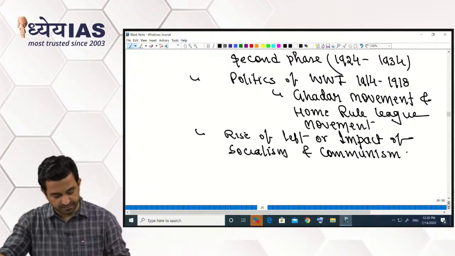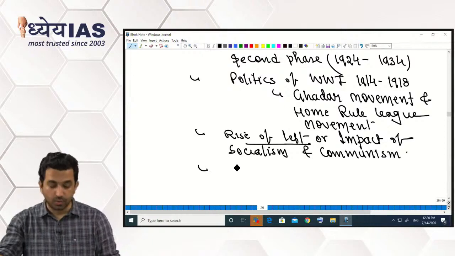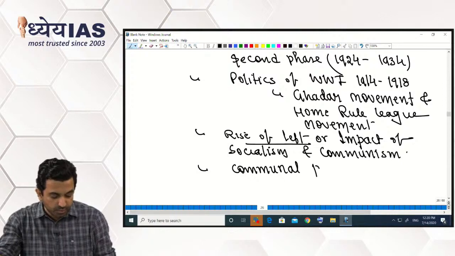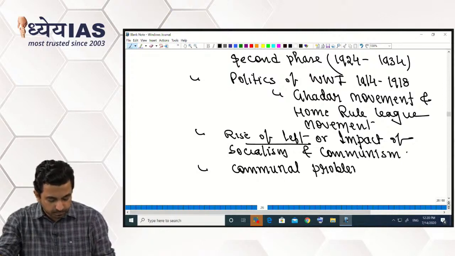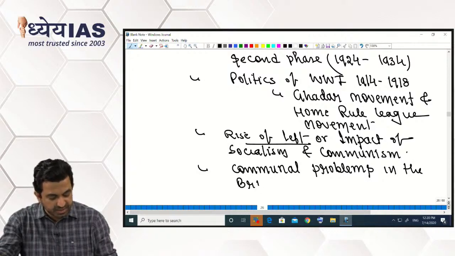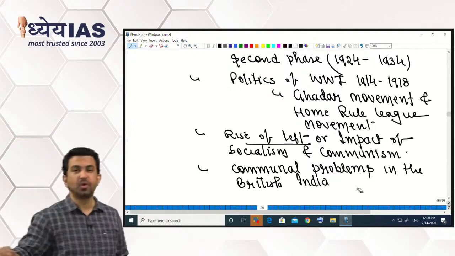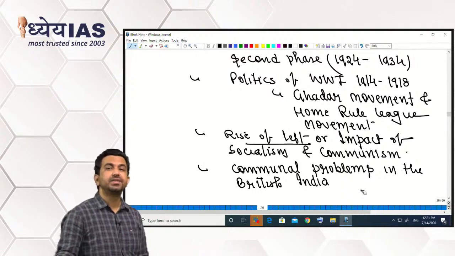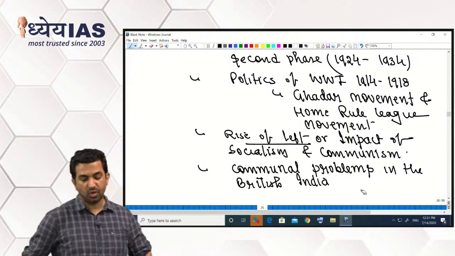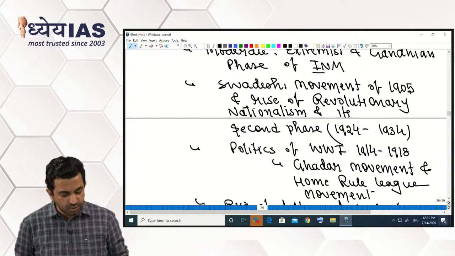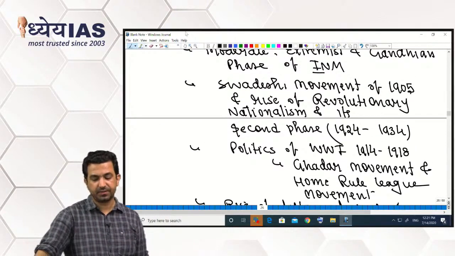So rise of left, and also we have to talk about communal problems in British India, communal rights, communal violences, communal problems in British India. So we have to talk about all these topics.